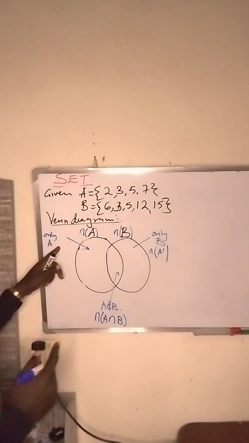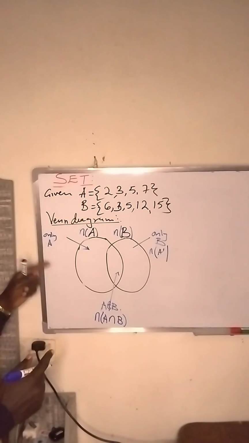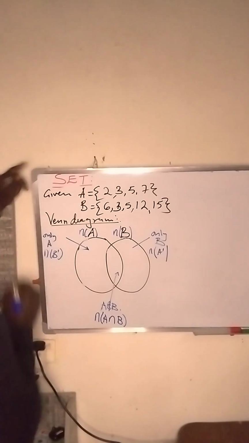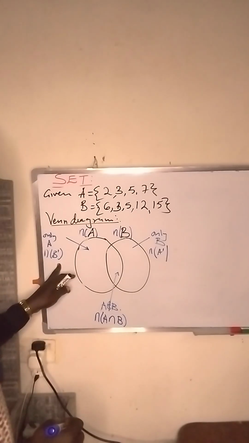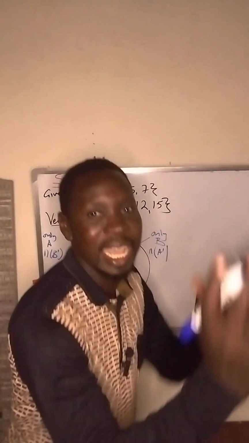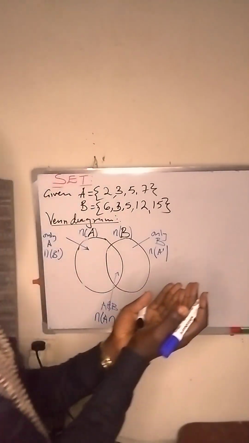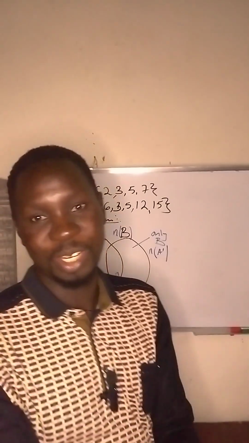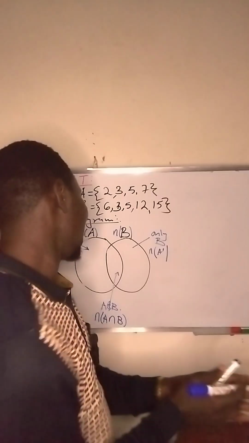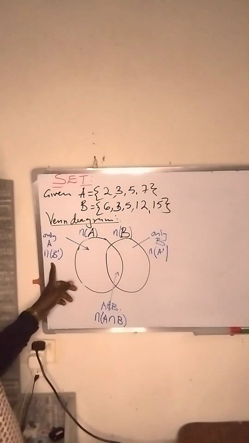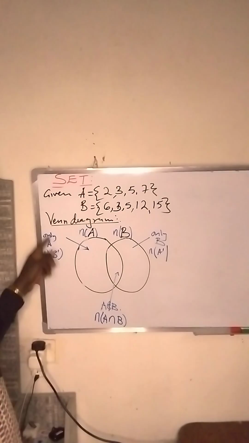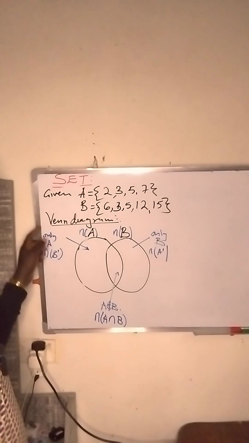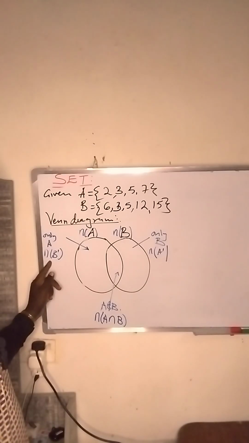And also, the number of A only is the number of B complement, because when you remove the members of set B, what remains there are members of A only. Are we together? In sets, these are the terms we always use. You have to know that A only is B complement.